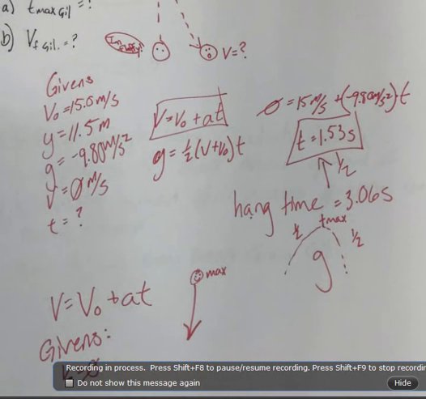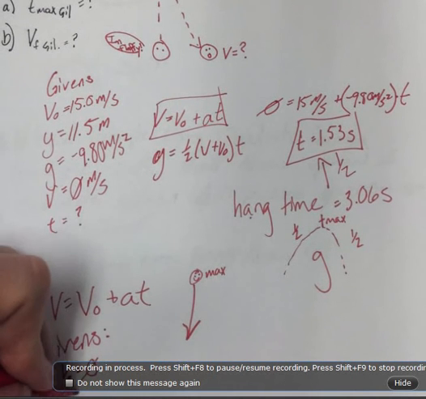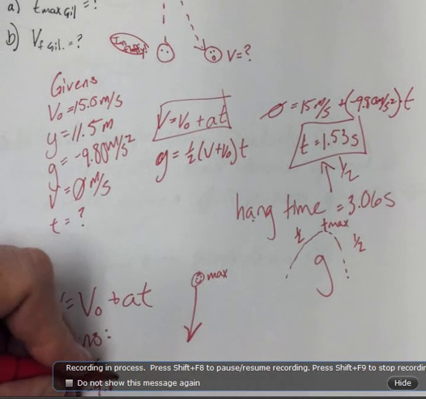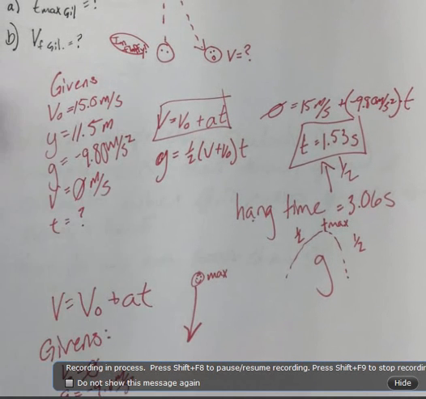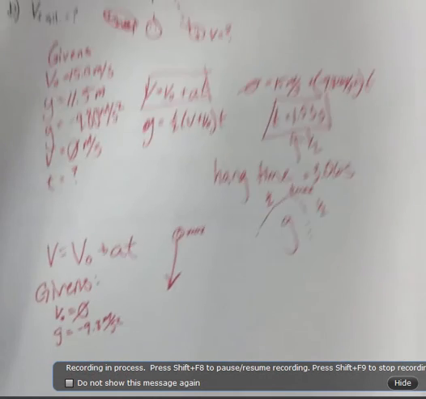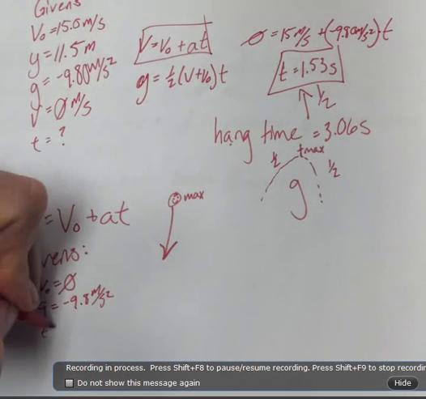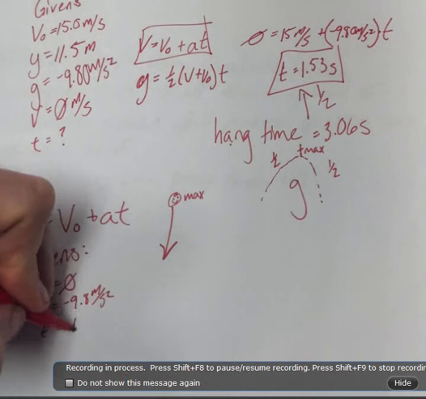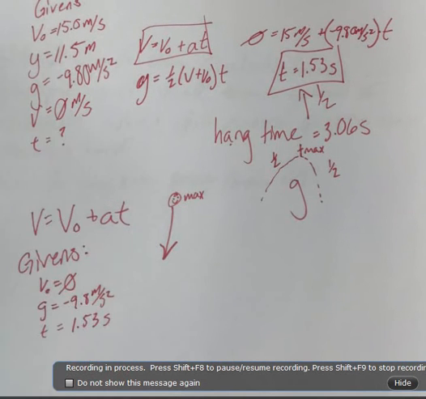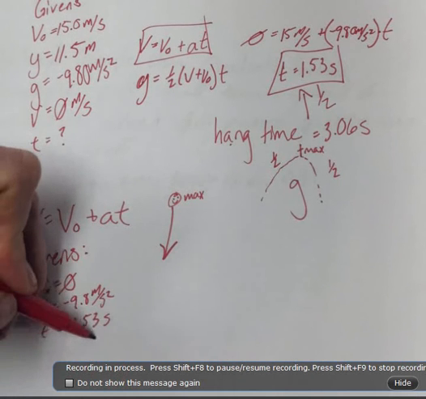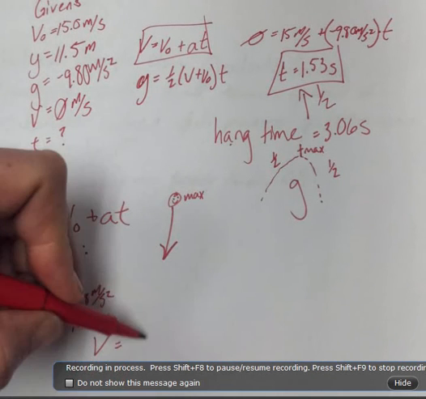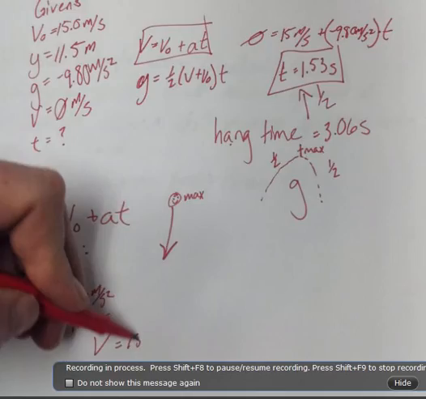I also know that acceleration due to gravity is negative 9.8 meters per second squared, and I know the time. Right? The time is the hang time, but it's only 1/2 of the hang time, so that means that I know the time is 1.53 seconds. I solve in this equation, and I get that his final velocity is 15 meters per second.